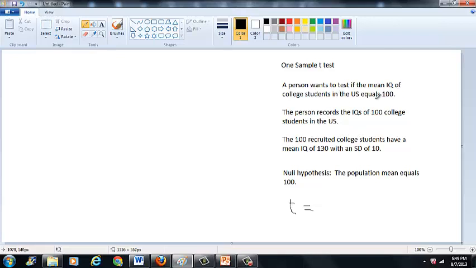So we're going to subtract the population mean that we're testing, which is 100, from our sample mean of 130. And on the bottom, we have the standard deviation of our sample, which is 10, over the square root of our sample size. We recruited 100 college students to be in our sample.